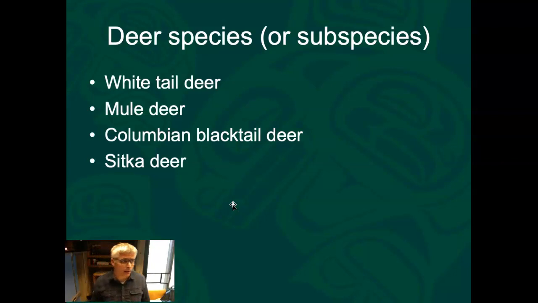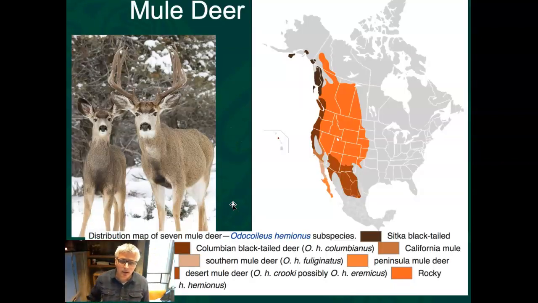And if you're in Sitka and you see a small deer, it's a Sitka deer. Mule deer are largely a west coast species, and then along the coast we have the Columbian blacktail, which tend to be a smaller subspecies of the mule deer, and then further north is the Sitka blacktail deer.